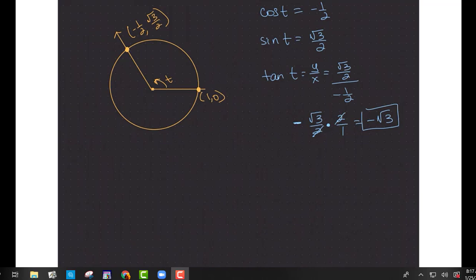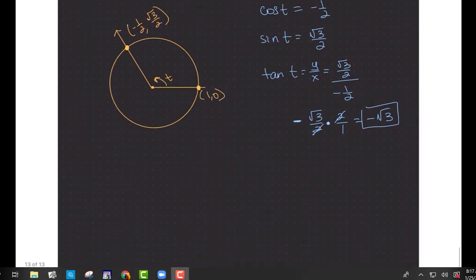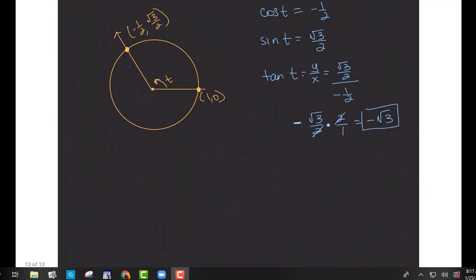What was next on the list? Secant. Yeah. Now we're going to get into our fractions. So secant of t, that was like 1 over x, right? So that's going to give us 1 over, what was our x? Negative 1/2, right?